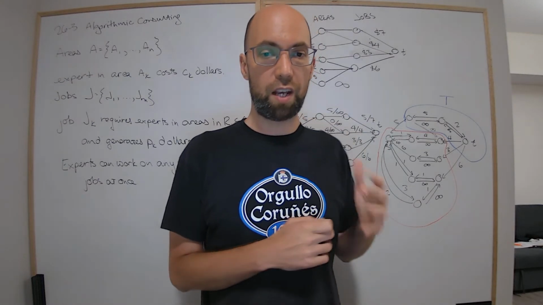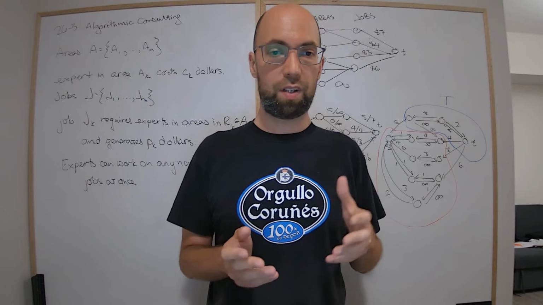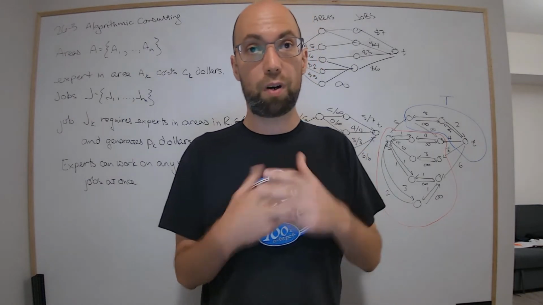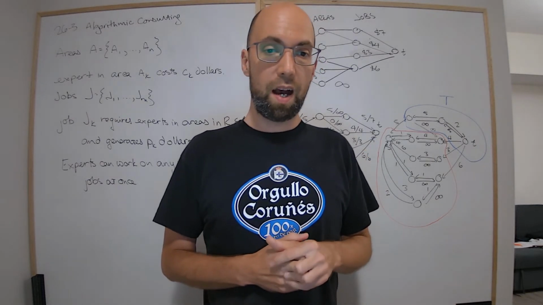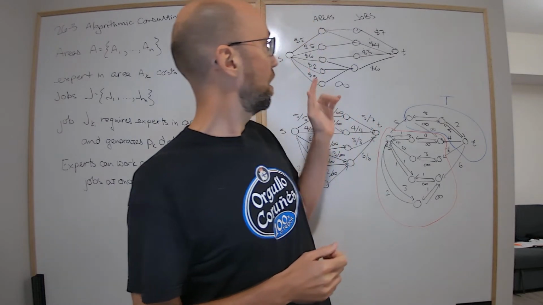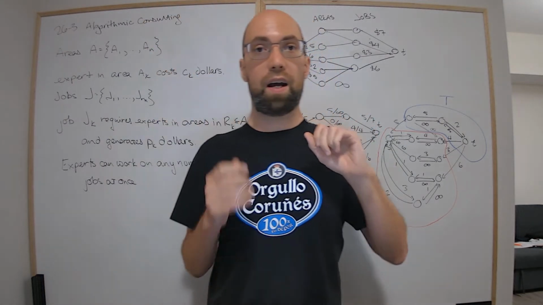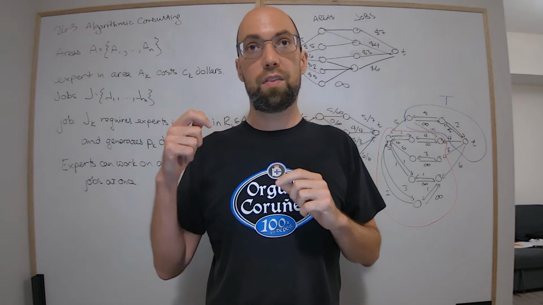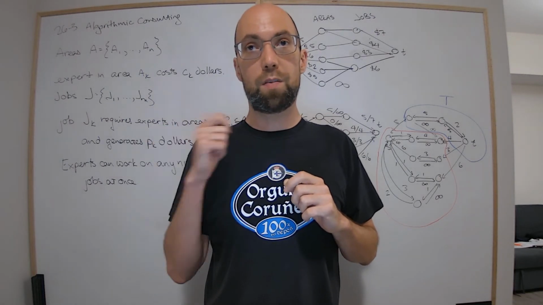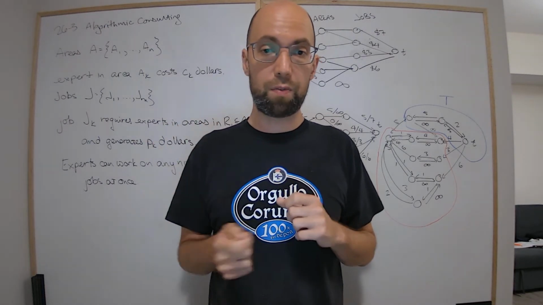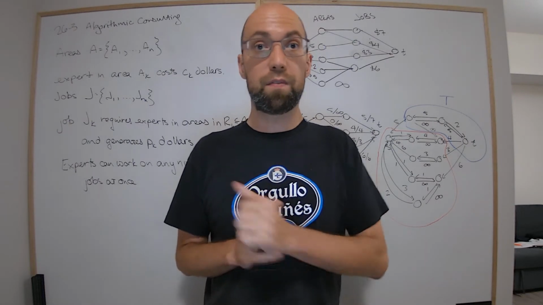And it connects each job JK up to T with capacity PK, so the profit from that job. And it connects each expert to the job that expert is required for by an edge of infinite capacity.